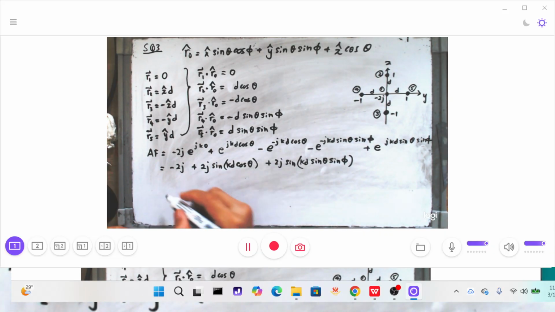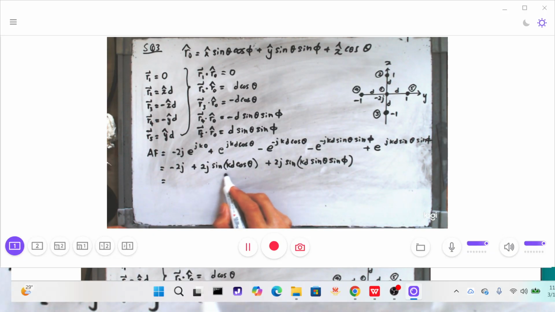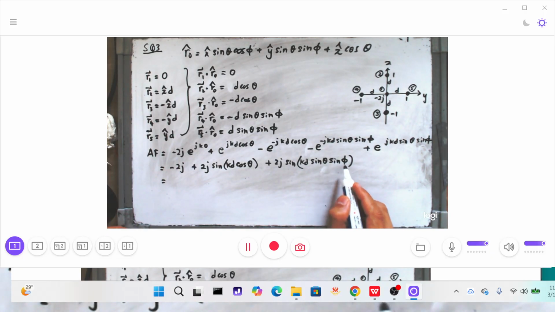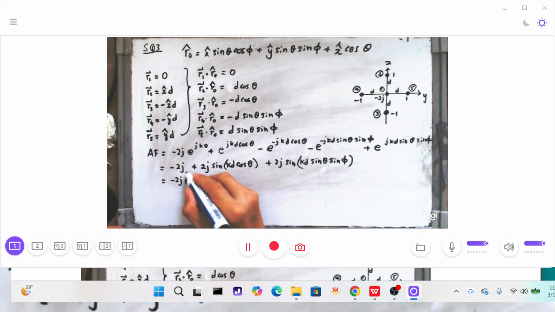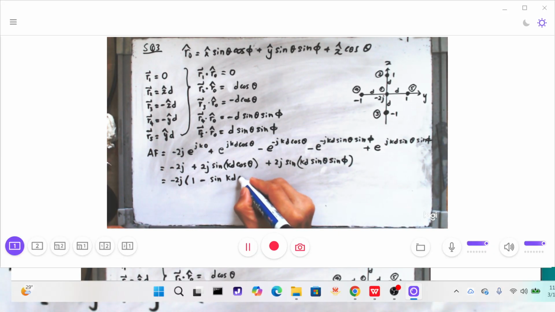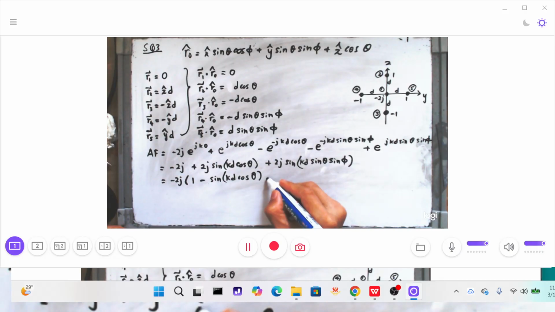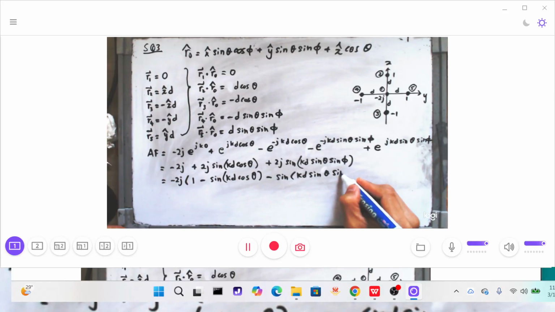We can simplify this, because all of the terms in this equation contain the coefficient 2j. We can take 2j out, and then the first term, and then the second term, kd cosine theta, and then minus sine kd sine theta sine phi.